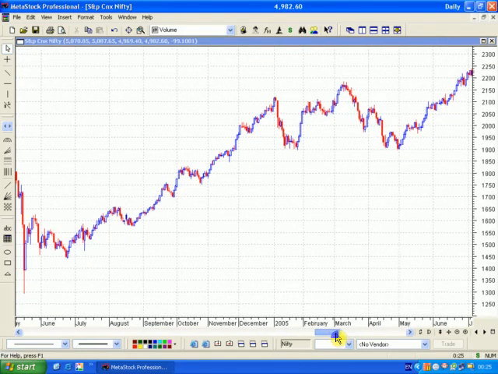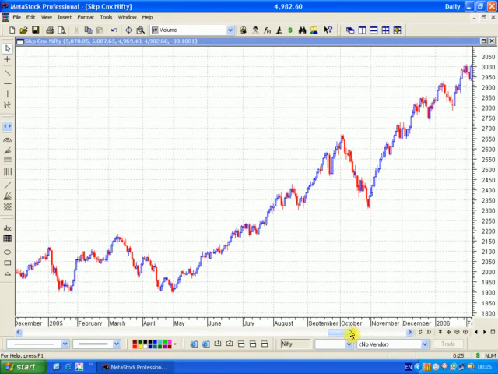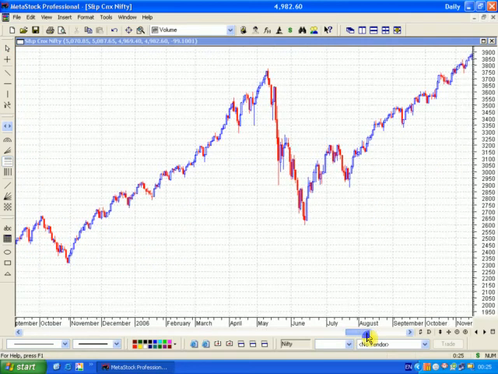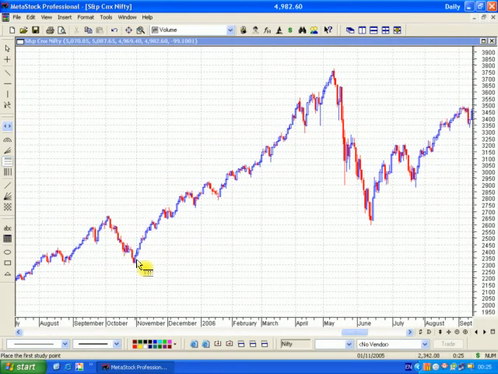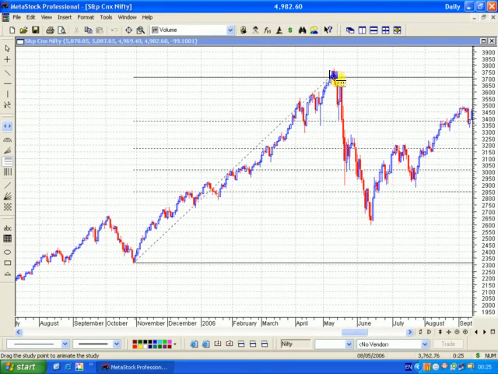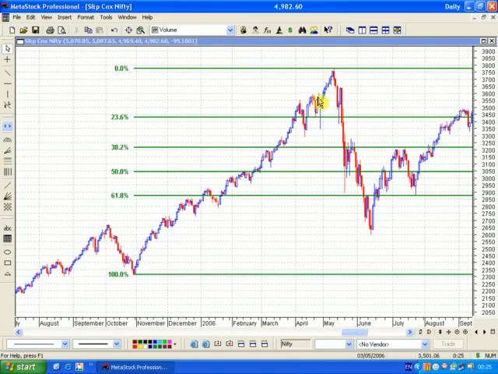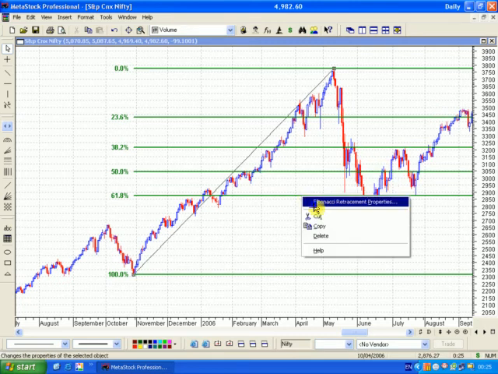Now let's take this example over here, this rise from here to here. Now if we connect the low to the high, we can see that when it started coming down, it first found support near the 61.8% level, went up, found resistance near 38.2, came down.